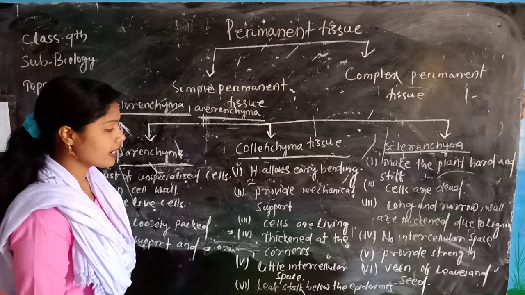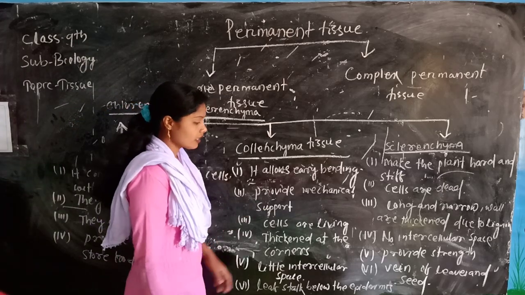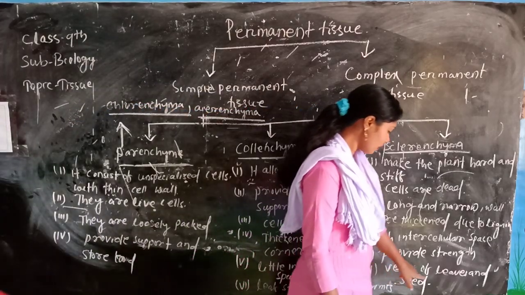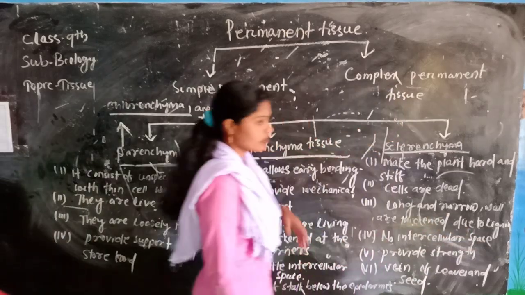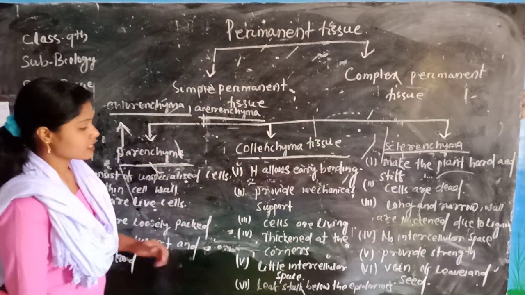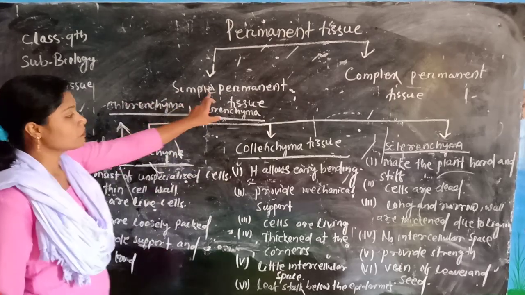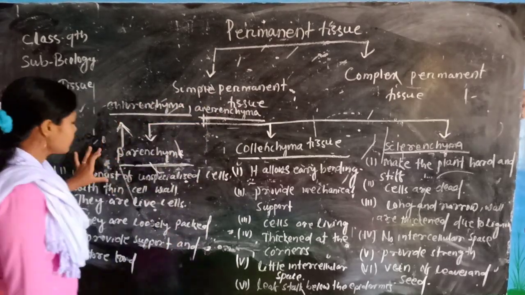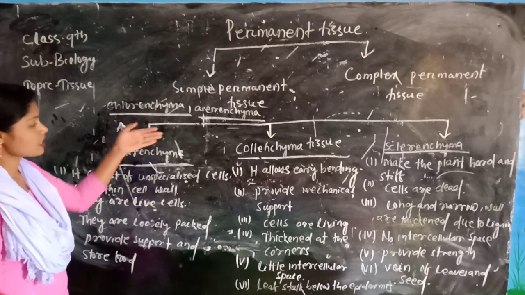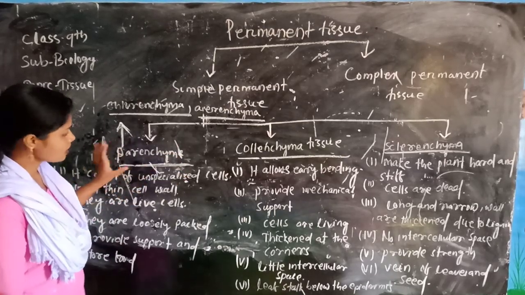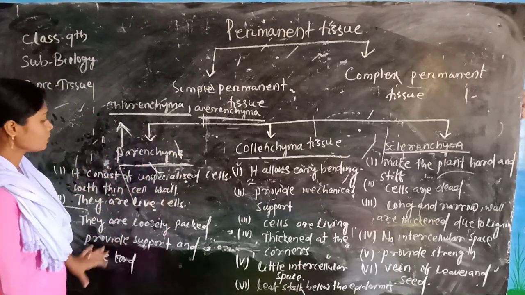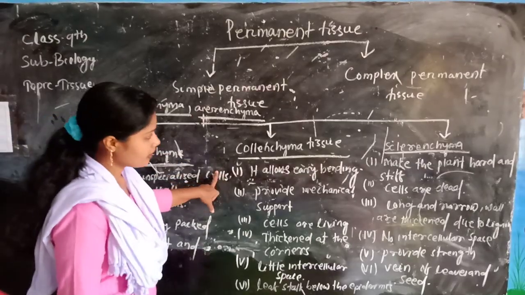It also provides strength to the plants, and it is present in the veins of leaves and the covering of the seed. So this is all about the simple permanent tissue. Pause this video and make notes.